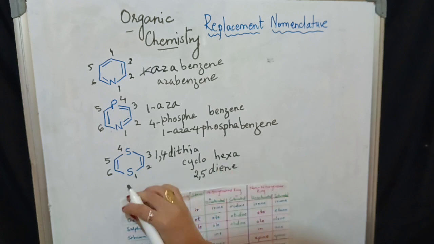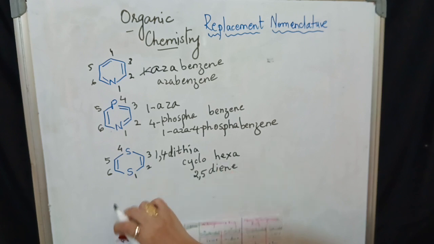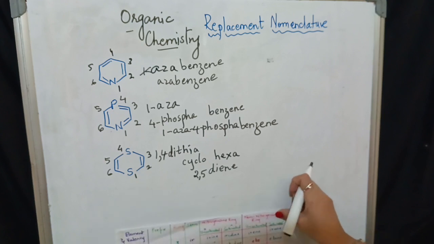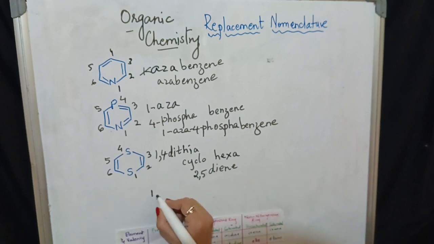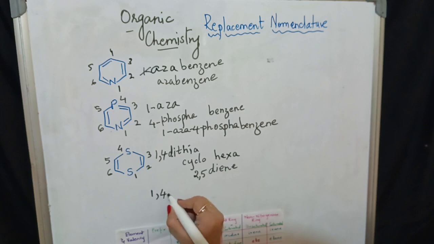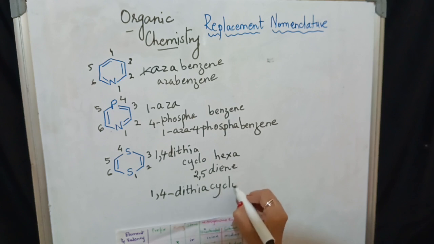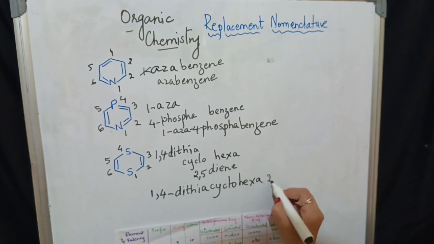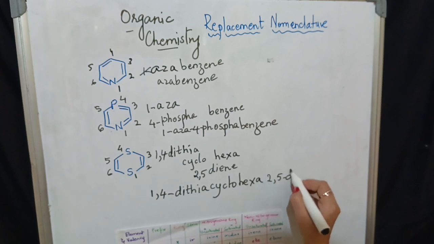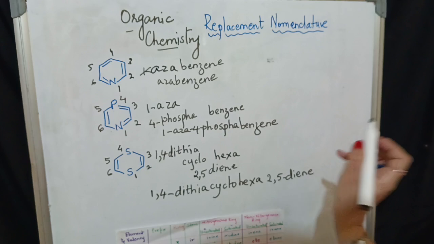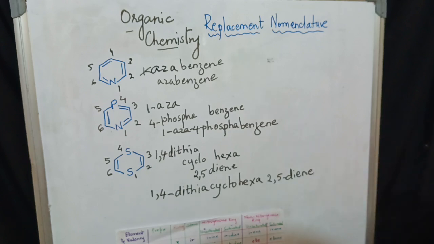So let us write down the name. 1, 4-dithiacyclohexa-2,5-diene. There will be no space given in between.